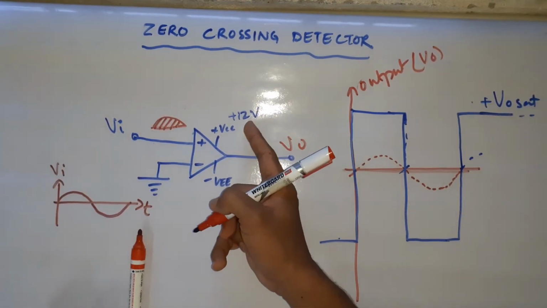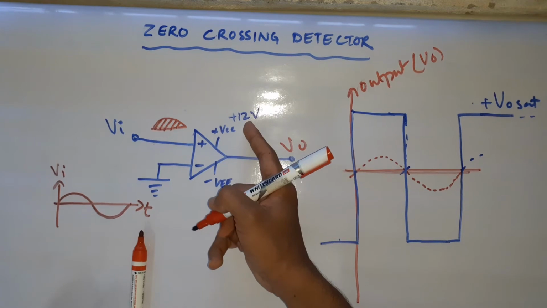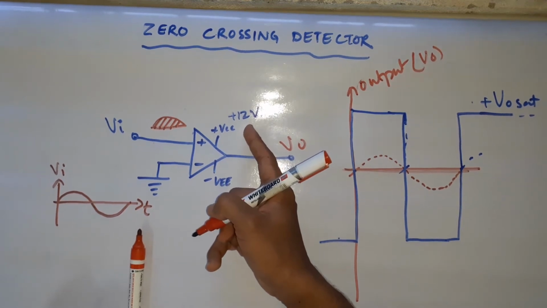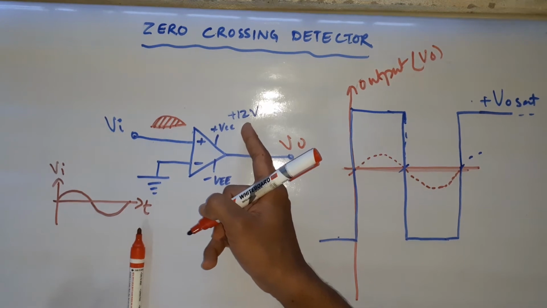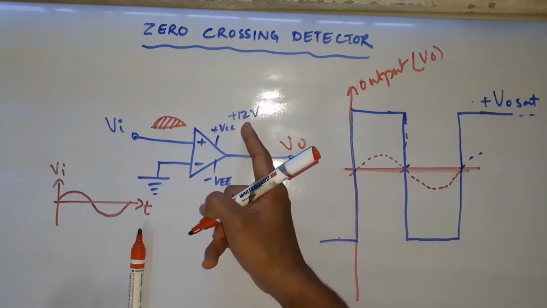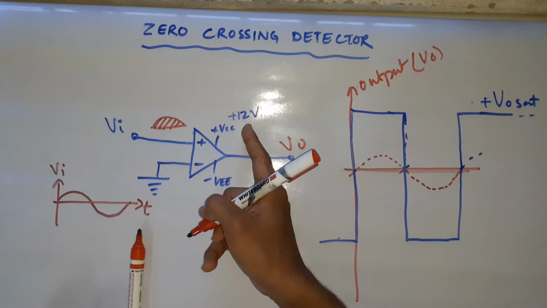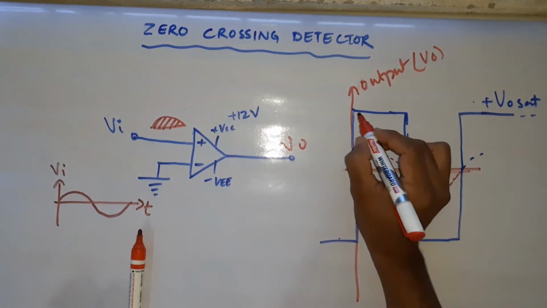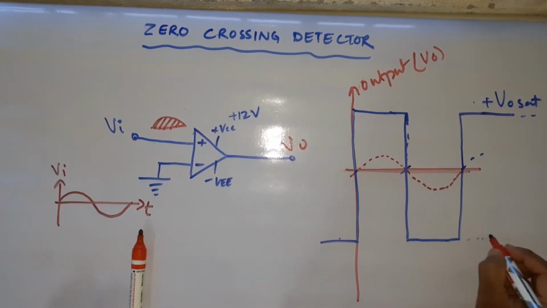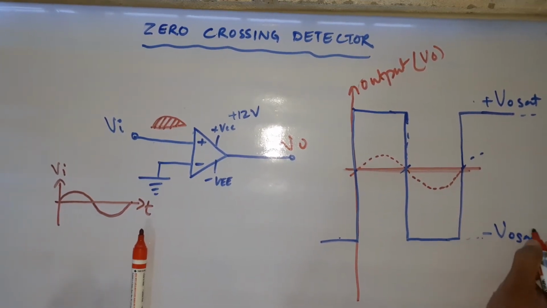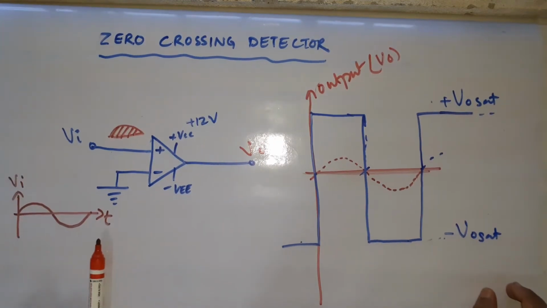It means we have given plus VCC as 12 volt, your V naught sat is going to be very near and less than 12, that is 11 volts. We take it as 11 volt, right? So this is the maximum possible output voltage. And here it is minus V naught sat.